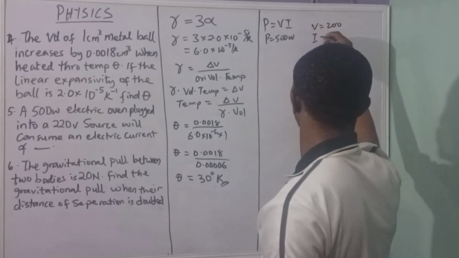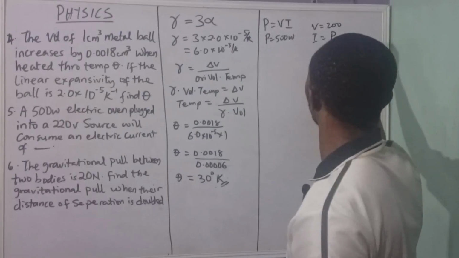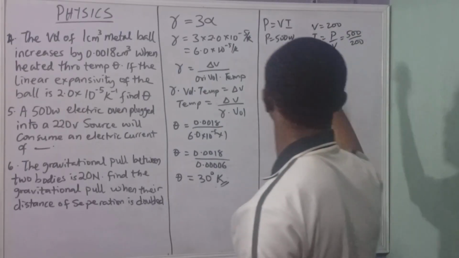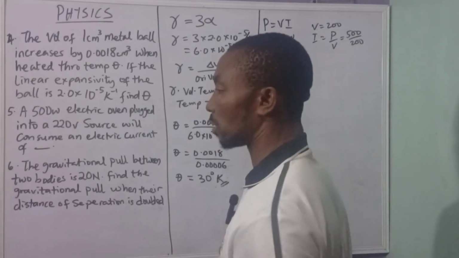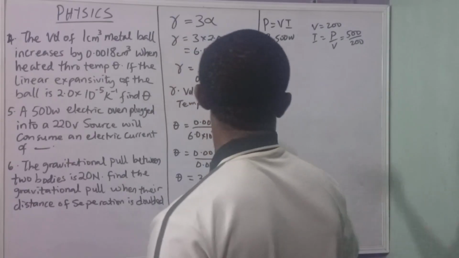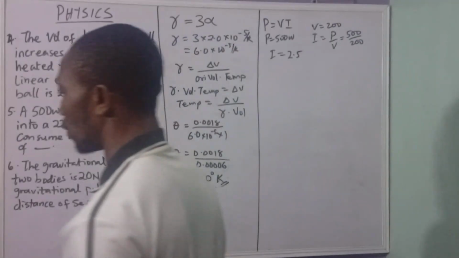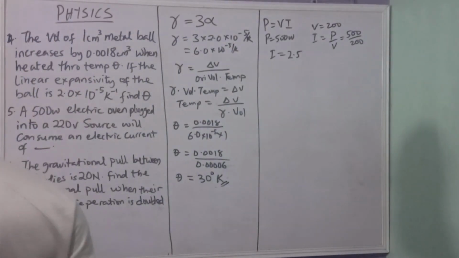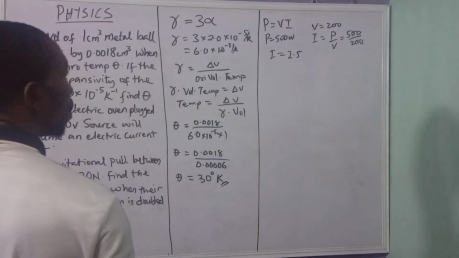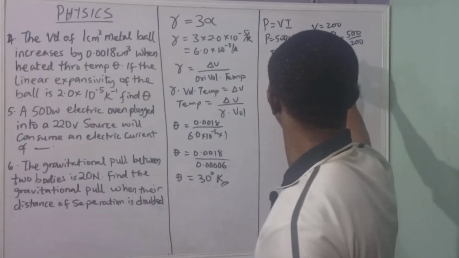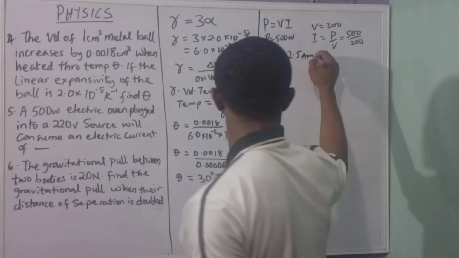So our current will become P over V, which is 500 over 200, which is 2.5 amperes.